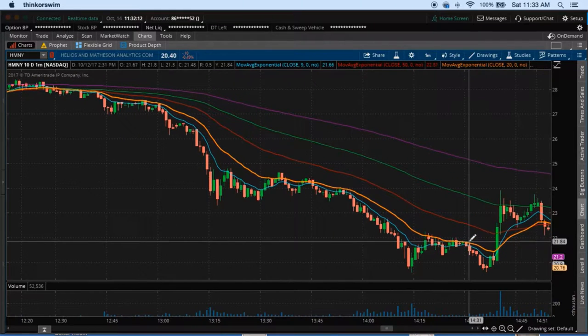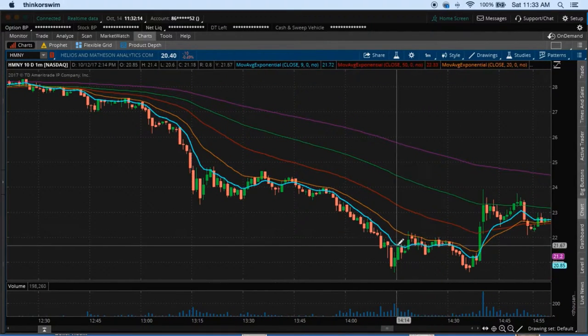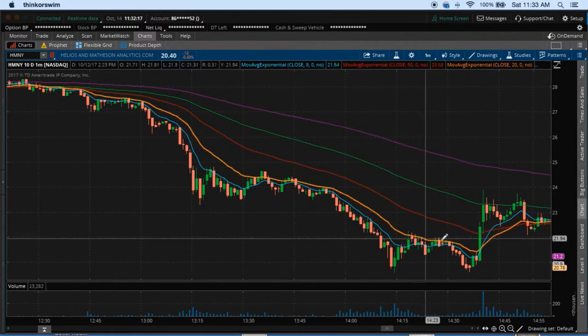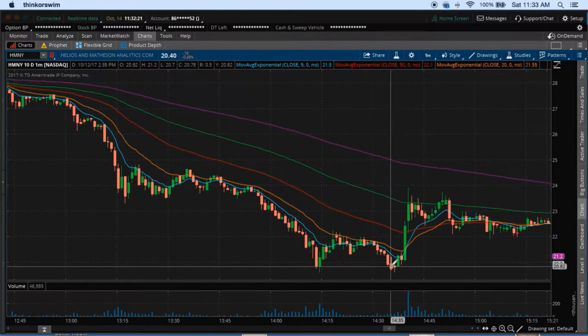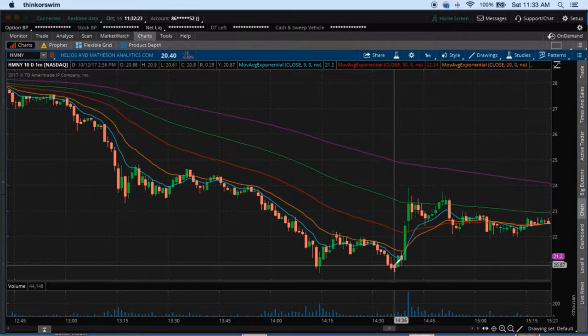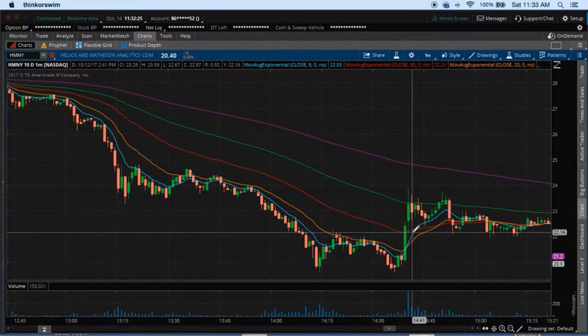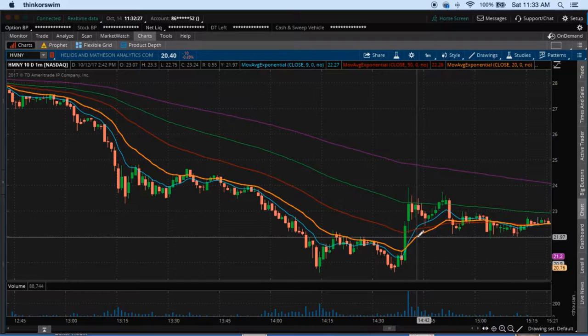So the main takeaway is that when the price action is below the lines, they will act as resistance, and when the price action is above, these lines will act as support. As you can see here, the price broke the 9, the blue line. It broke the 20, the orange line.